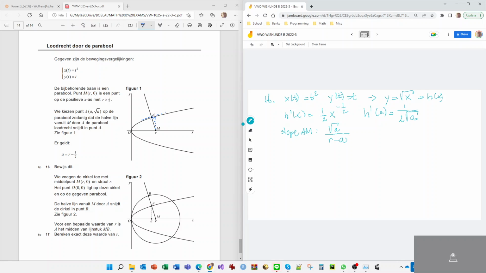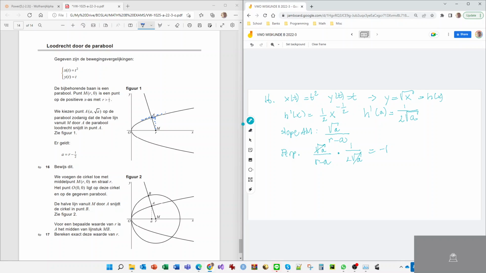So we get square root of A divided by R minus A times the slope of line H is -1.